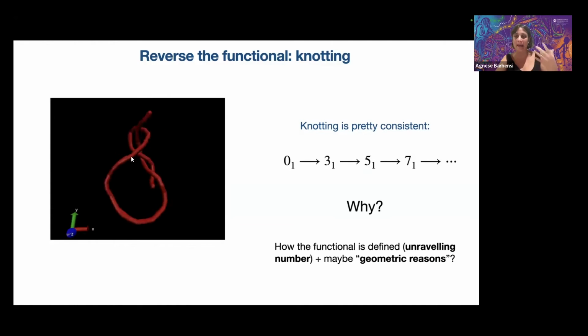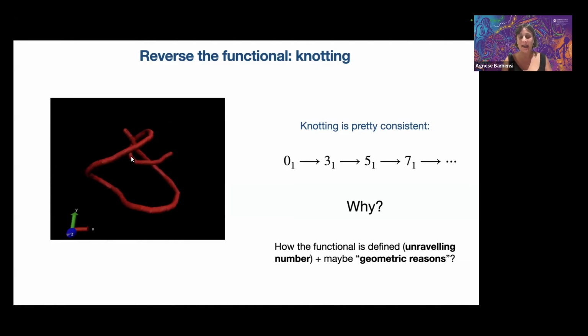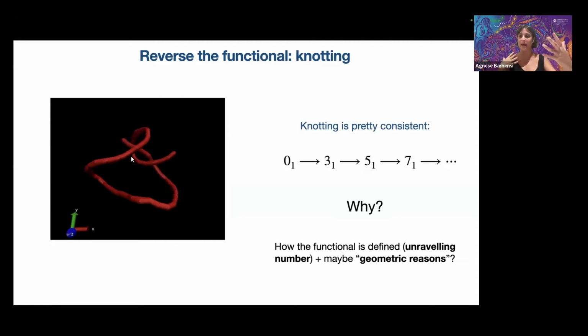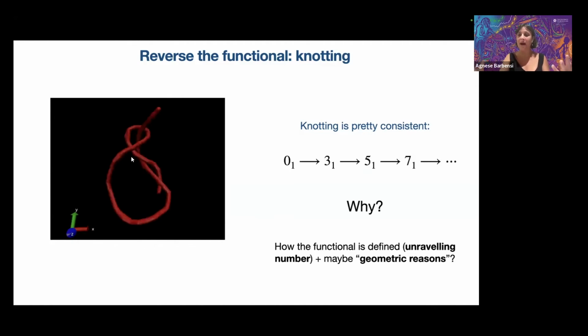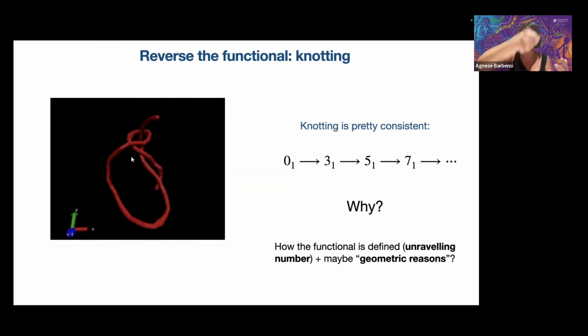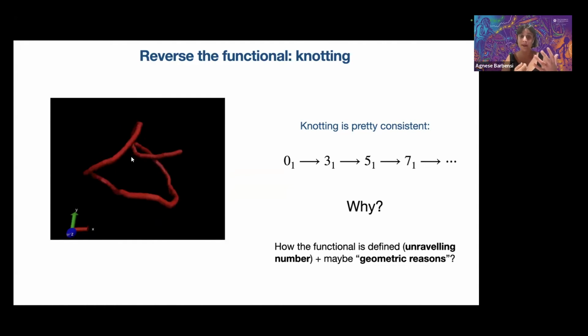And we think that likely the reason has mainly to do with how the functional is defined. Again, it is defined by looking at these unraveling numbers, right? The average unraveling number, looking at this complexity defined by forbidden moves on arcoids.